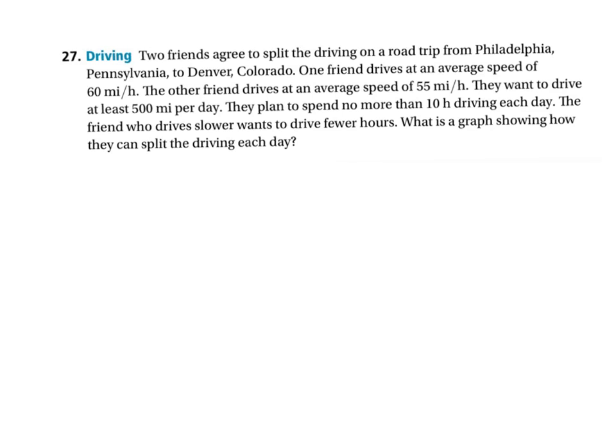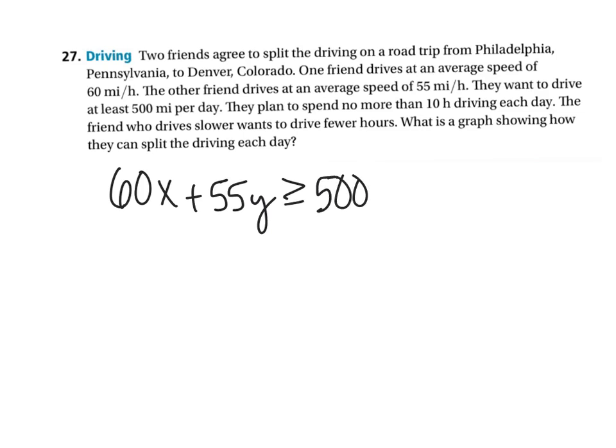For 27, without reading this all out, we're going to have an equation for the distance driven. So 60x plus 55y is greater than or equal to 500. The time driving part is at one speed, part's at the other speed.